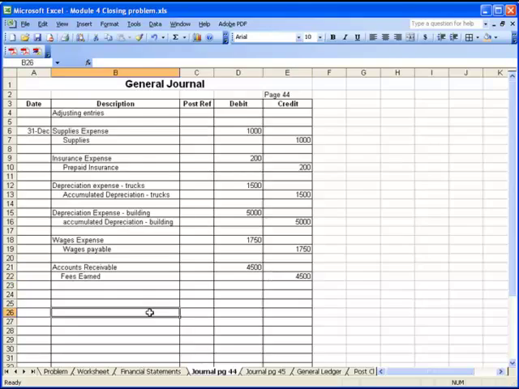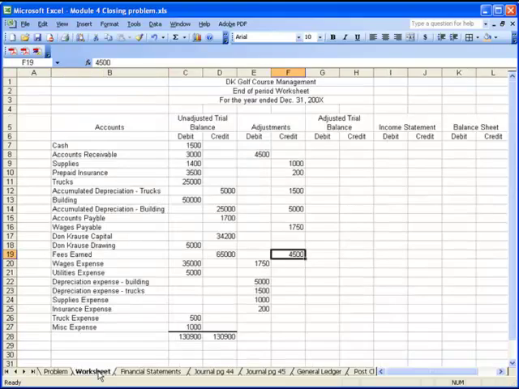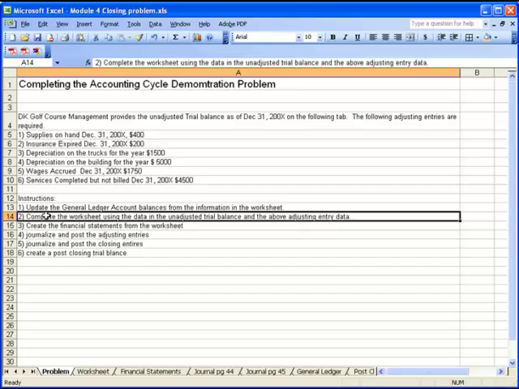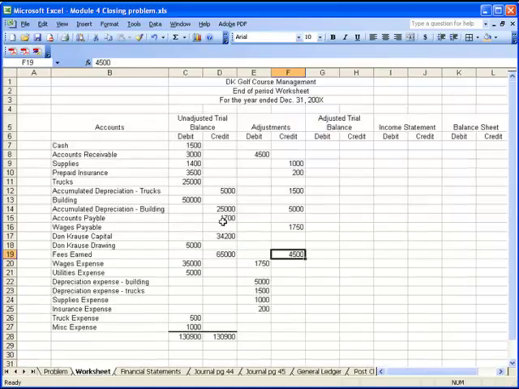And now we've actually done a couple of the steps of the worksheet in one process here. So we've now completed part of step 2, which is to transfer this adjusting information from here onto the worksheet, and we've recorded all of our adjustments here.